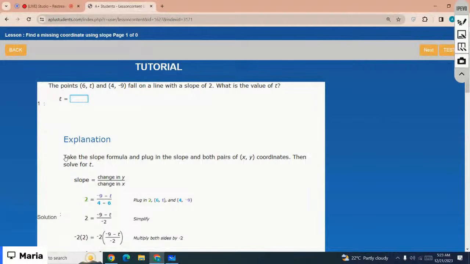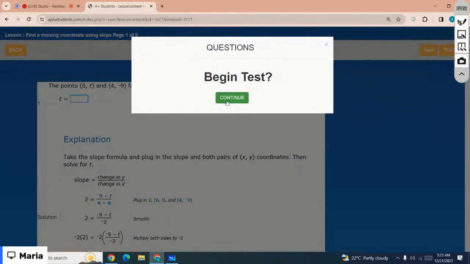How do you calculate the missing coordinate? Just look at the example. You are given the points (6, 0) and (4, negative 9). The slope of the line is 2. You have to calculate the value of t, right? One of the coordinates is missing. Okay, let's start with the practice questions.